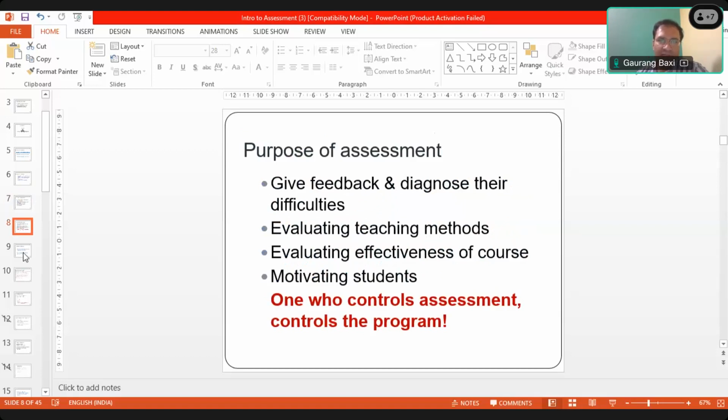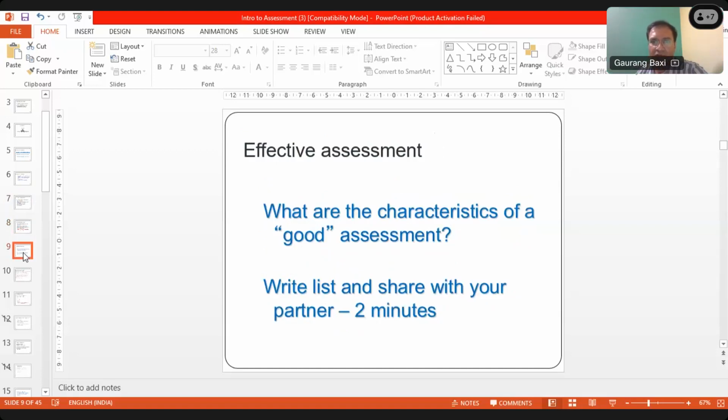Now, next task for all of you is to reflect for a minute on what are the characteristics of a good or an ideal assessment. Till now, we saw what are the purposes of an assessment. Now, I want you to think about how an ideal assessment should be. So please think for a minute and then we'll take down your points.